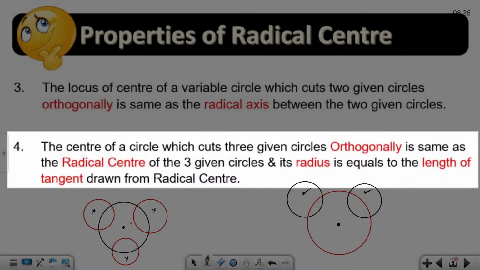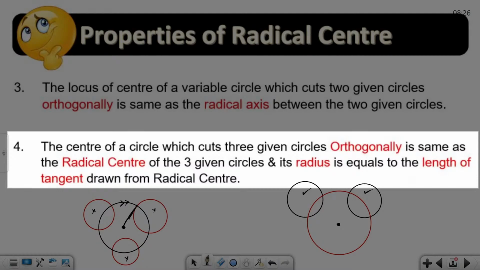And the radius of this circle will be the length of the tangent drawn from this center, which is same as the radical center for these three circles, will be the tangent length drawn on any circle.